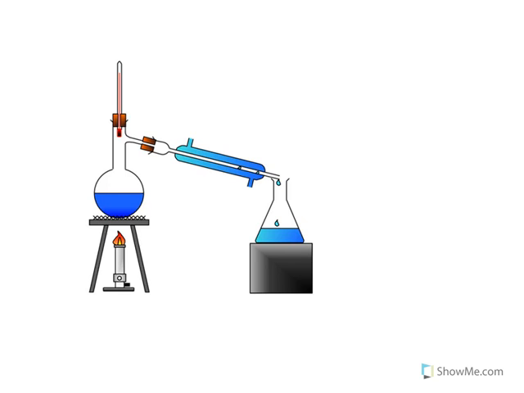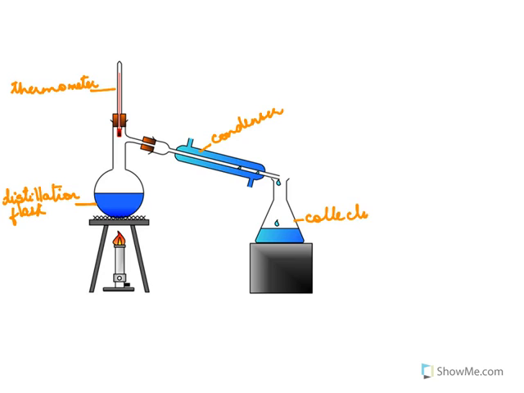This is the apparatus used for distillation, and let's name the parts. Here we have the distillation flask. This is the thermometer. This is called the condenser, which is used to cool the vapors. And here we have the collecting flask.